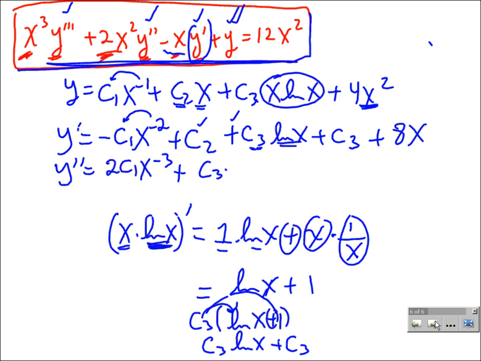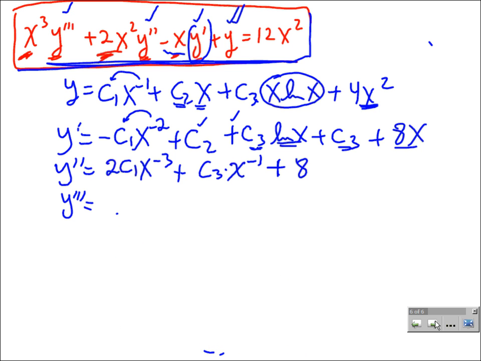The derivative of ln of x is 1 over x. But I'm going to write it that way. This is friendlier for the next step when I have to compute the derivative. Okay, the derivative of c sub 3 is 0, plus the derivative of 8x is 8. So that's the second derivative.